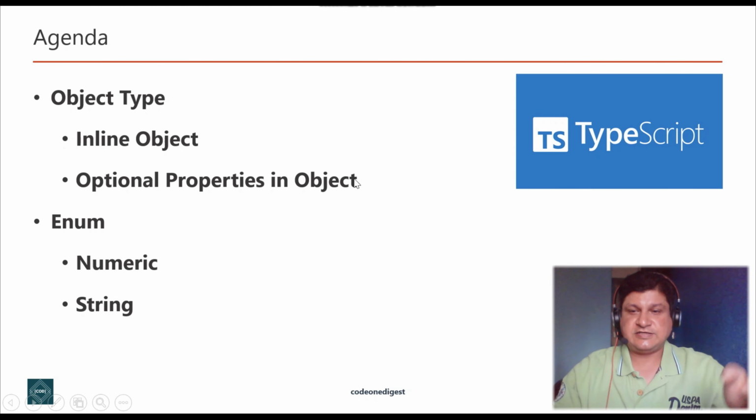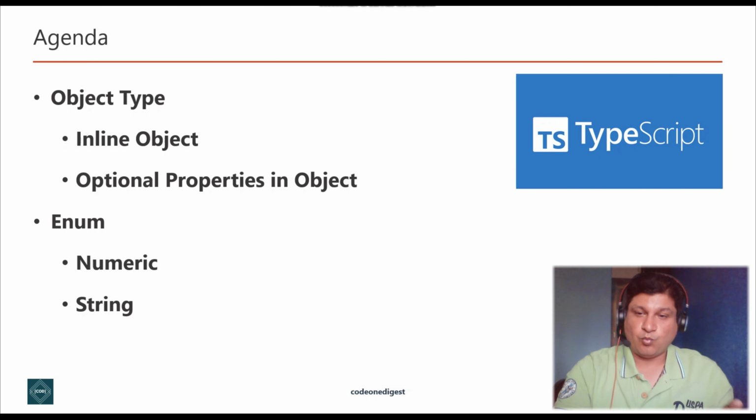Okay friends, here is the agenda of this tutorial. We are going to cover object type, how to define objects inline, and we'll also learn the different ways to initialize an object. Then how to have optional properties in an object: what are mandatory properties, what are optional properties, and how to define optional properties in an object.